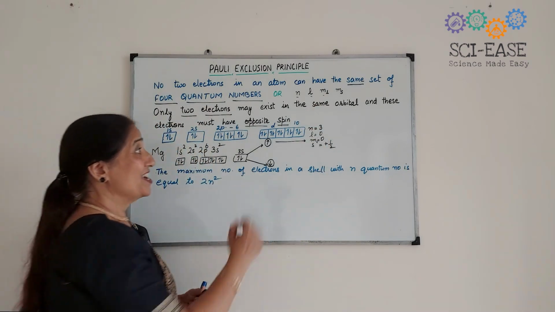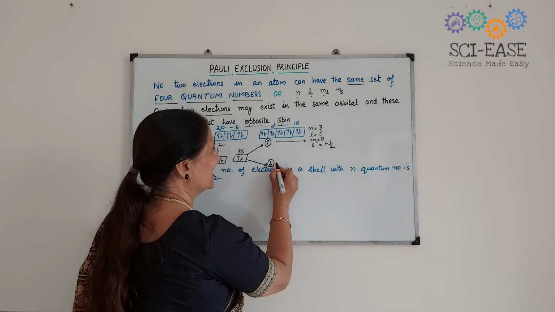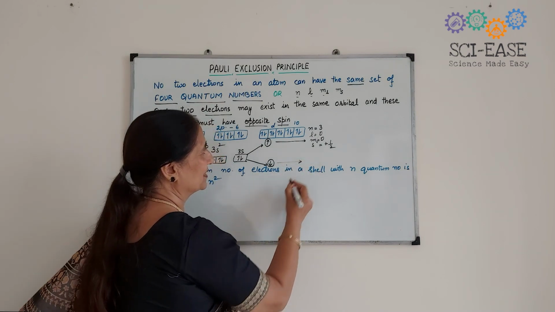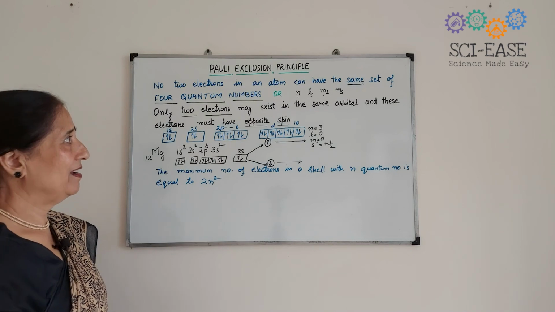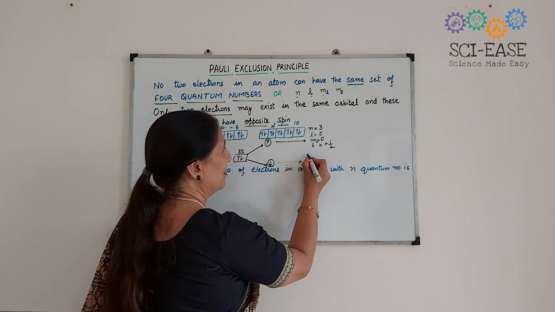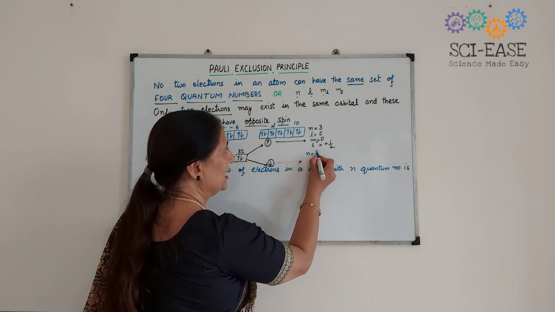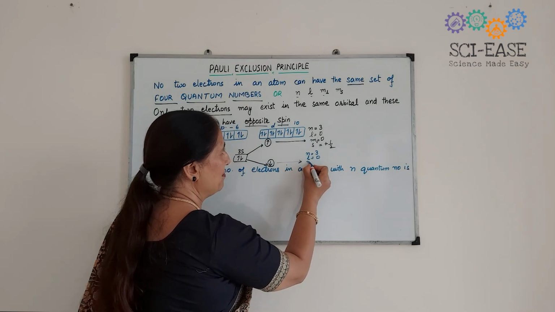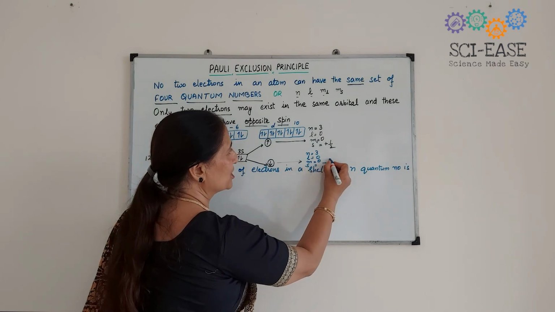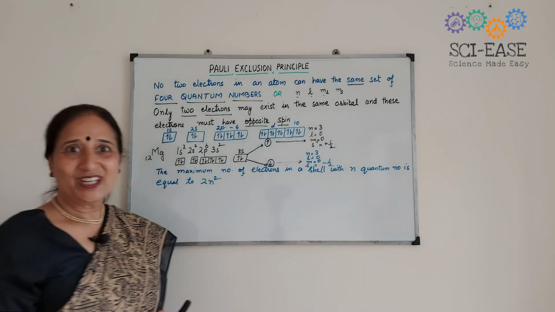Now take the case of this other electron. What are its values? Here again n is equal to 3, l is 0, ml is 0. But what is the value of s? It is minus half.